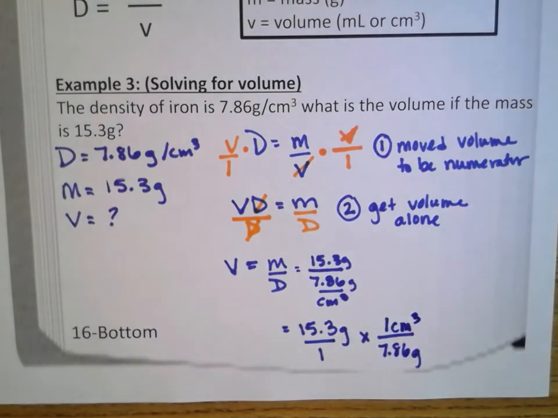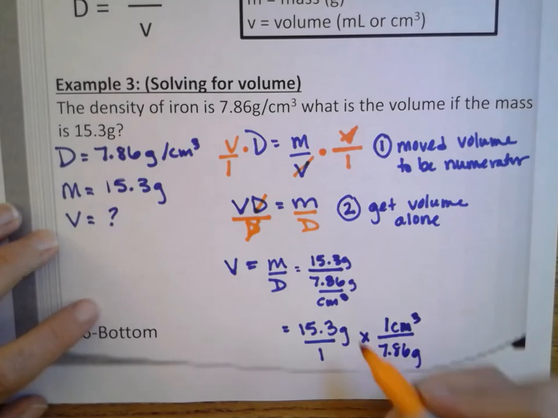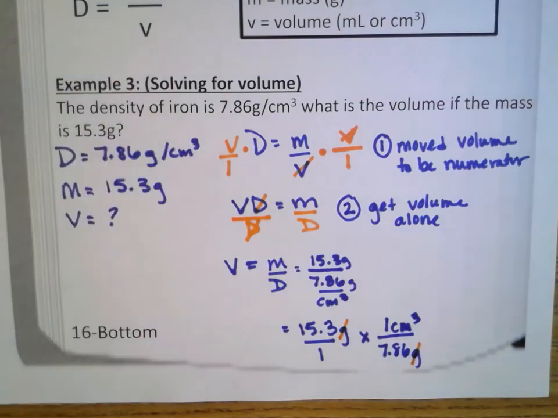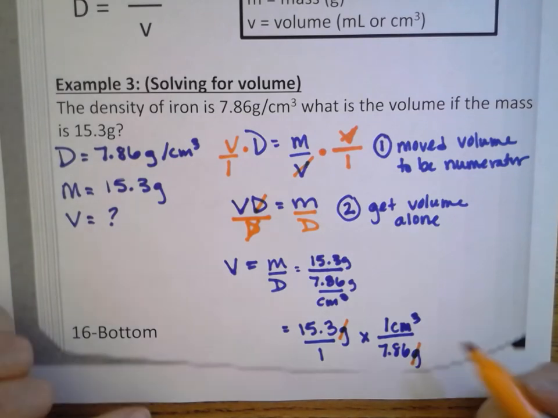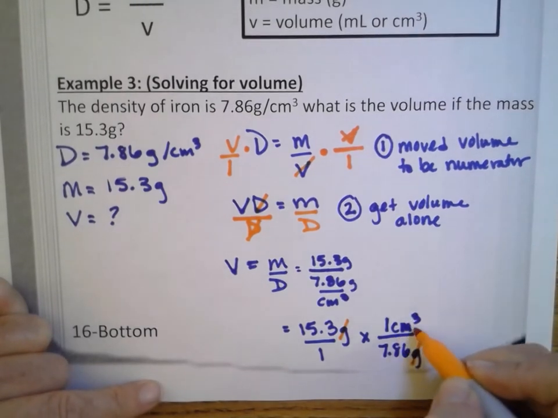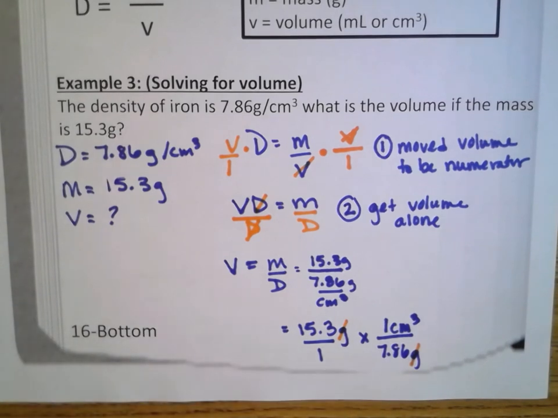Now we're going to stop and pause and take a look at the units. This grams right here is a numerator and this one is a denominator. Therefore, they both cancel out for the same concept that we talked about up here. If I divide a gram by a gram, it's really 1, so I can cancel out my like terms. If I look here, there's only one unit that is actually left, and it's centimeters cubed, which is fantastic because I'm looking for volume and I have a volume unit.